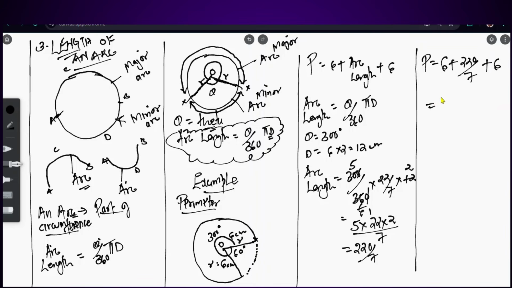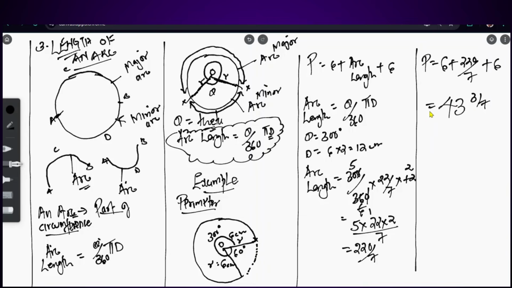If I take 6, add 220 over 7, then add 6, my answer will be 43 and 3 over 7. I believe that is the answer that you're getting.